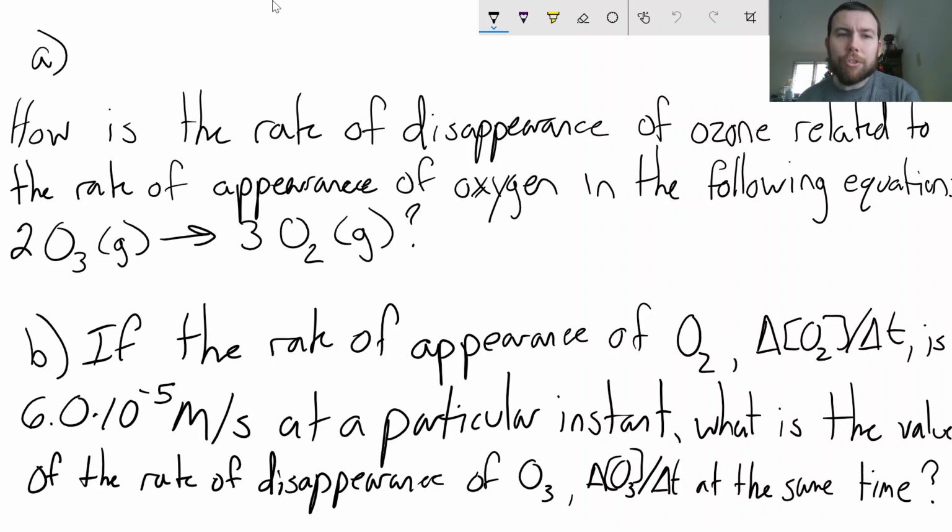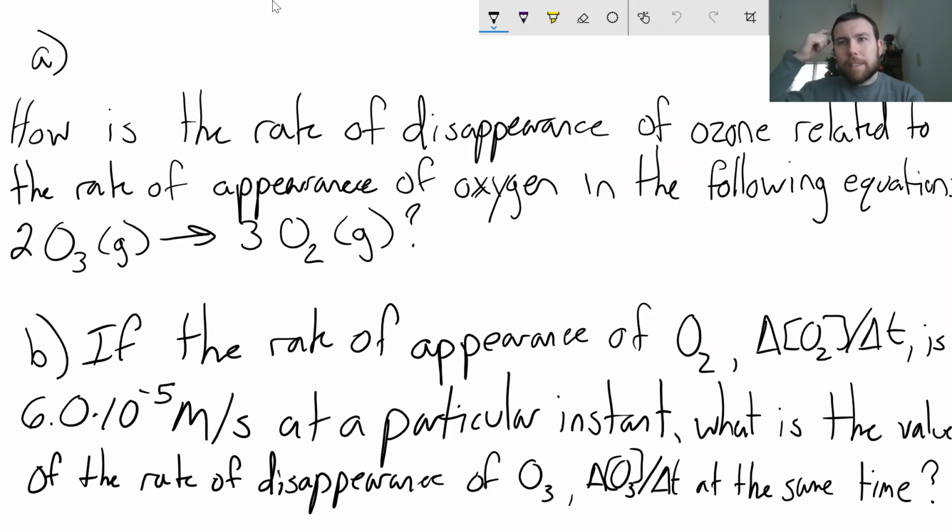All right, so 2 questions, one very conceptual in nature, the second one looking at how do we take that concept that we're going to be solving for in part A, how do we apply that information and get out a numerical value in part B. Okay, so those are the 2 questions we're going to be looking at.